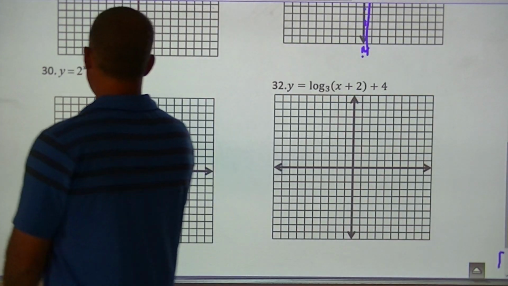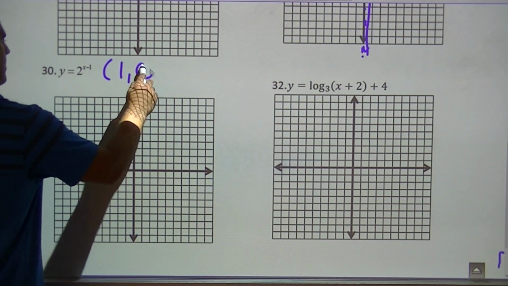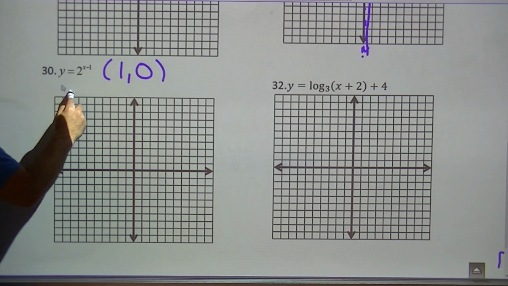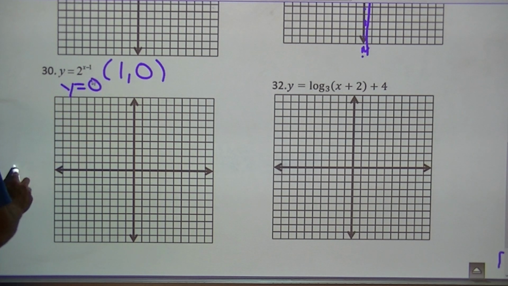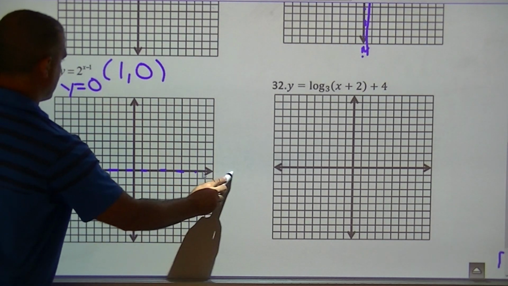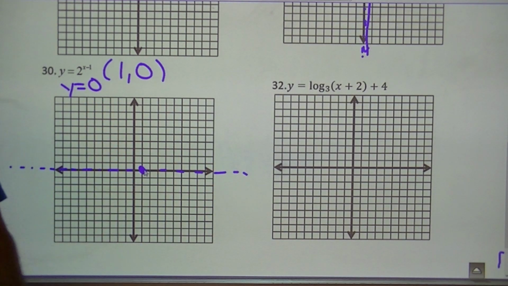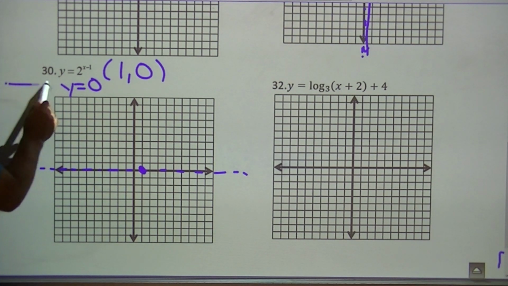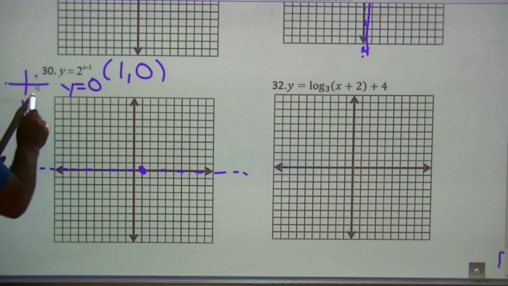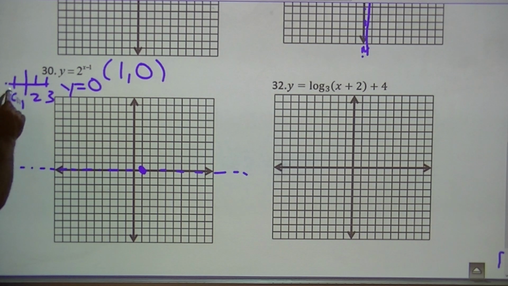So what I got here is my anchor point is 1, 0. Since it's an exponential, I know it's got to be a y equals. So y equals 0 would put me there, through my anchor point. Also, what I want to graph here, I'm at 1, so I want to graph 2 and 3, let's say 0 and -1.